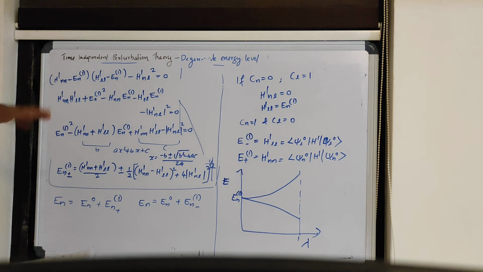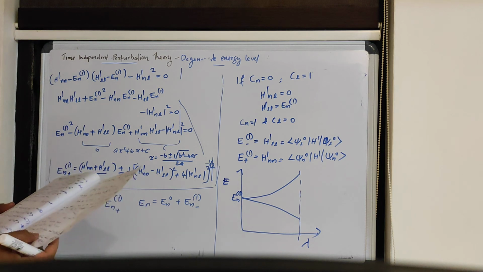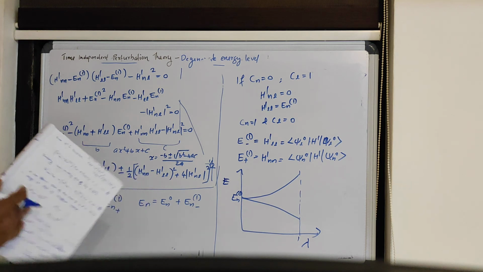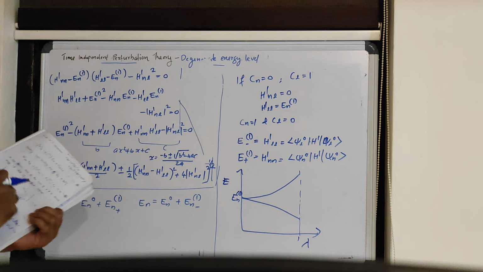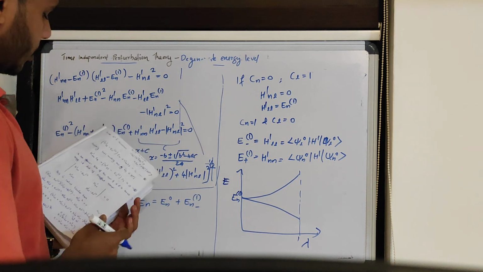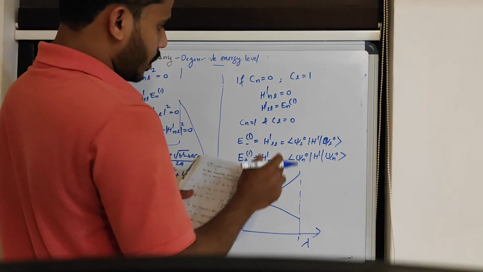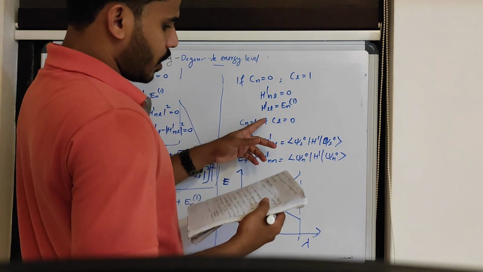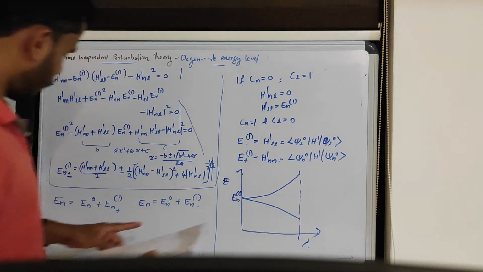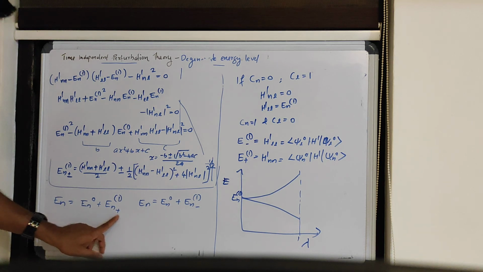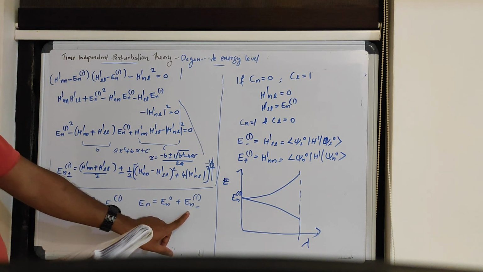I put it as equation number 2. In our determinant equation, H prime NN minus, in this case if H prime NN is equal to H prime LL and H prime NL is equal to 0, then what happens? This En plus is equal to En minus.